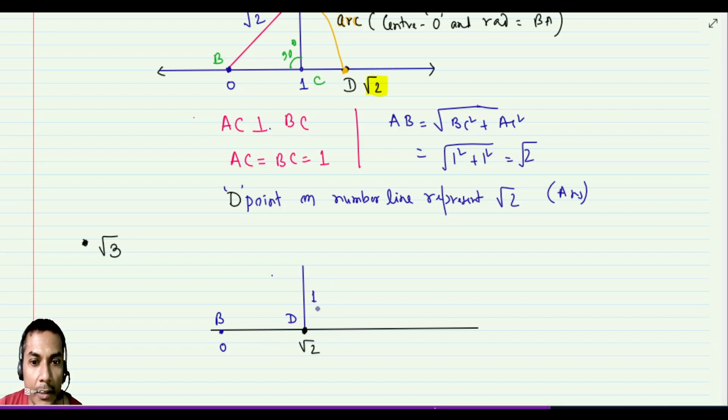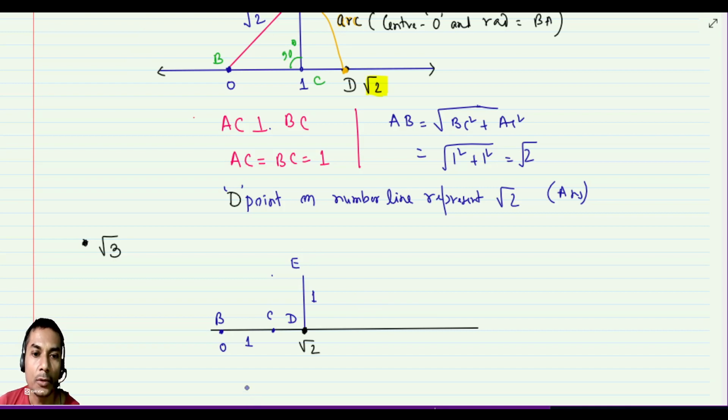So how do we get this distance of 1? When we drew the above step, we got C, which is equivalent to 1. You can consider any distance as 1, and you take the same distance as 1. This is equivalent to BC. Let us mark the points B, C, D, E. Okay, this is E. Clear?